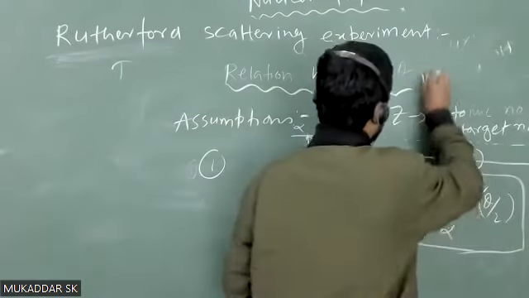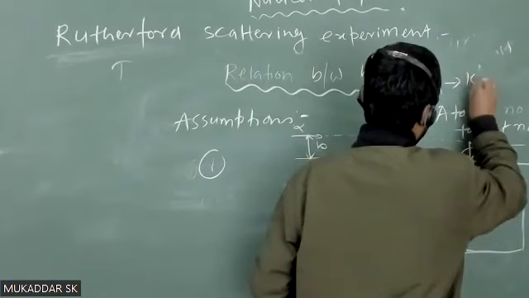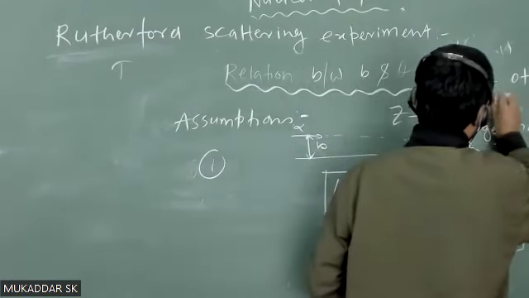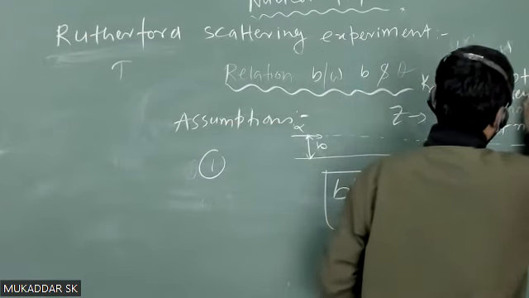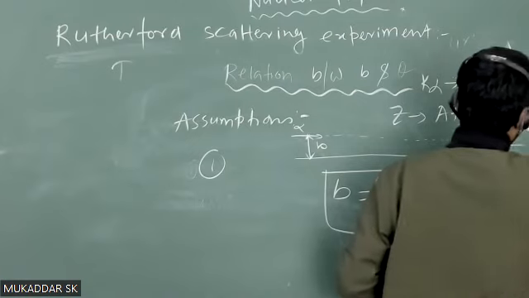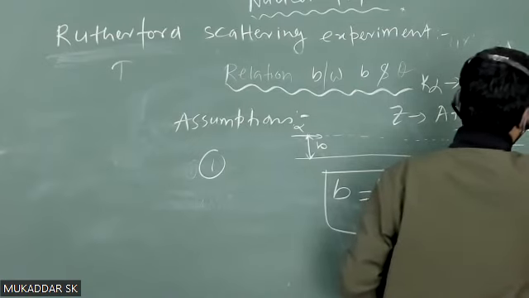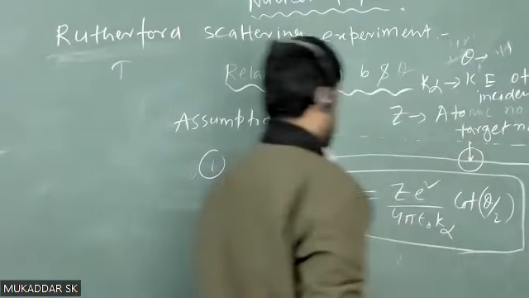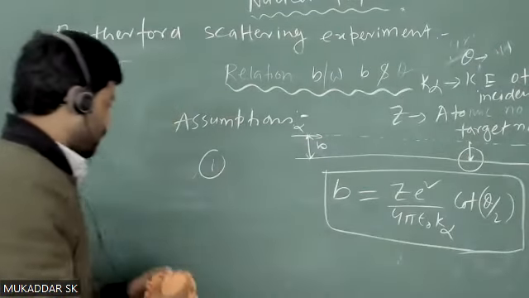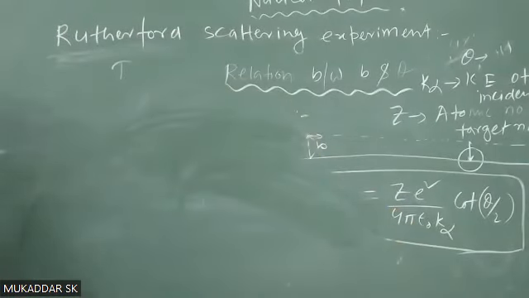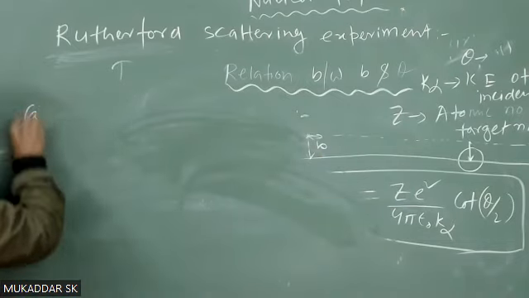What is K alpha? Kinetic energy of incident alpha particle. And what is theta? Theta is the scattering angle. Now we can see many observations.